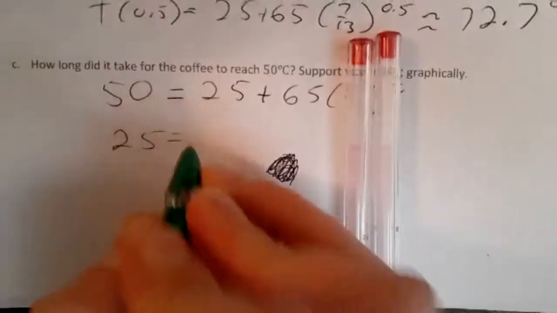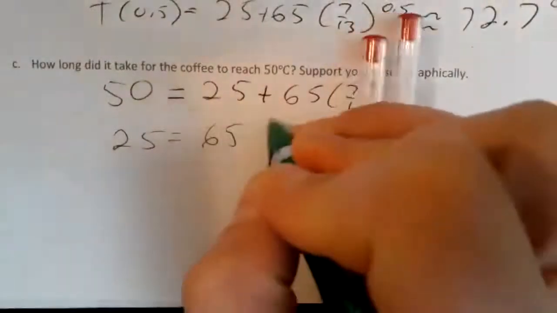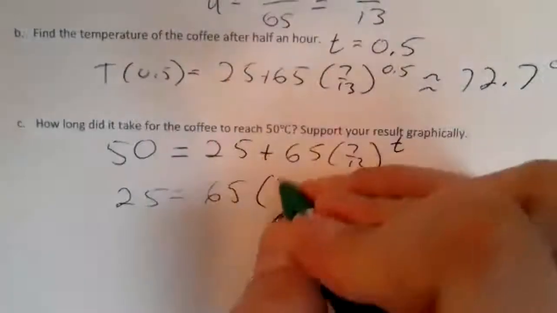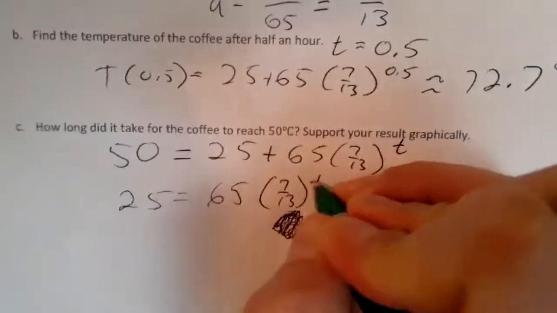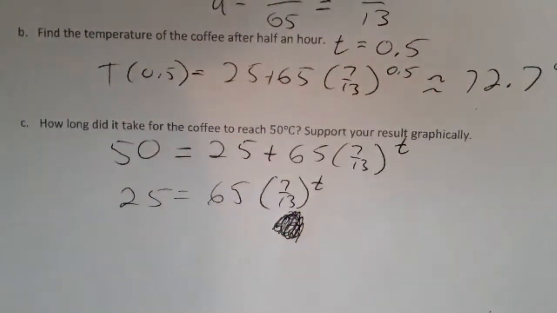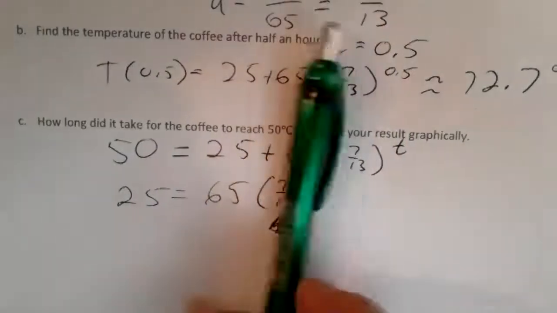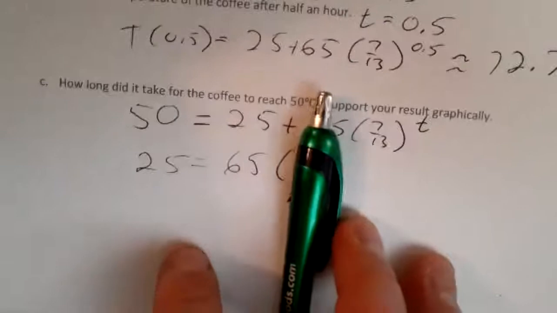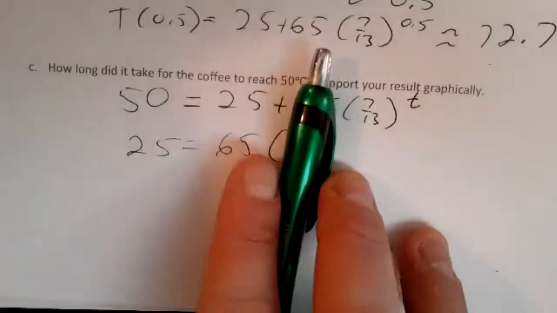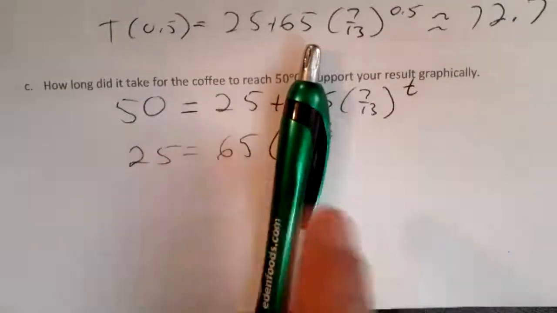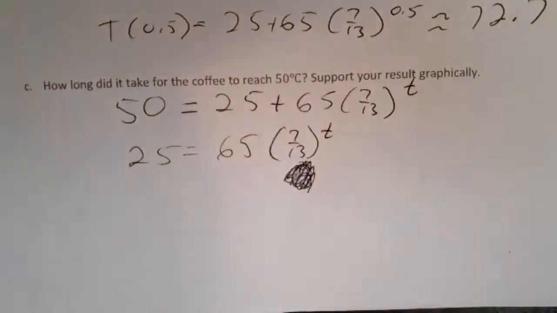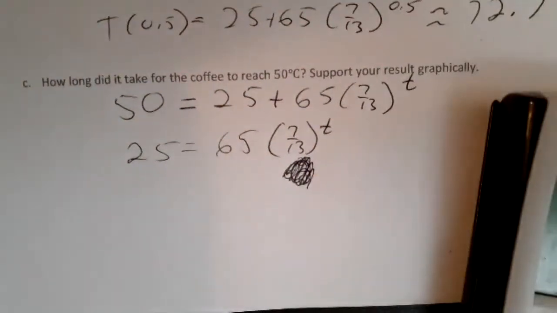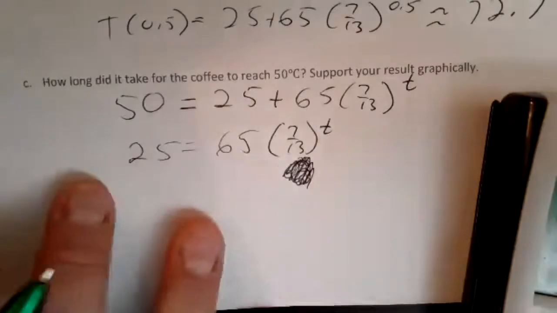So 25 is equal to 65 times 7/13 to the t. Same thing, if this is my variable over here, now I have 65 times my pin is equal to 25. Well, this is multiplication. The opposite of that is going to be division. So I want to do 25 divided by 65.